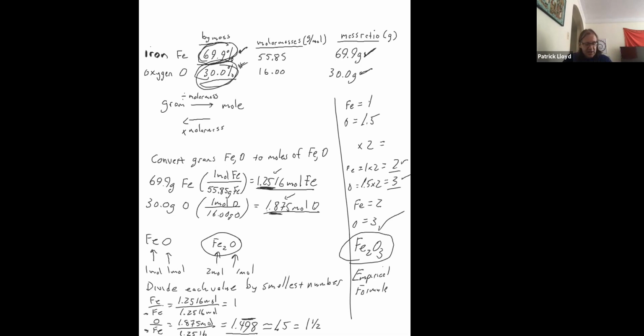It would mean that if you actually analyzed it, you would find that for every 2 irons, there would be 3 oxygens attached to it. And we got that from these mass percentages. Notice the only numbers you needed were the percentages and the molar masses from the periodic table. No other data was required in order to get that. Okay. That's called empirical formula.